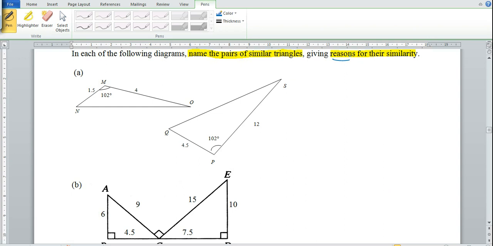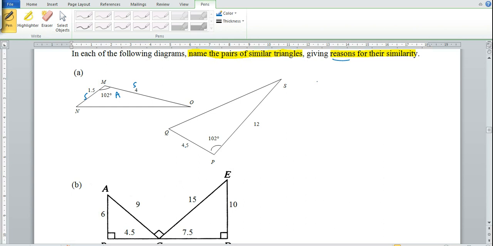So in this case, the info given are the sides and included angle, and another side, right? This is all that is given. We have no idea what ON is. We have no idea what QS is, right? So this is to be an SAS test that we're going to use. So we start with the first side.